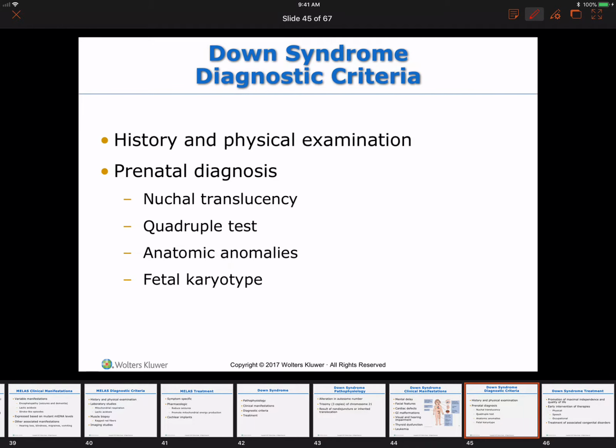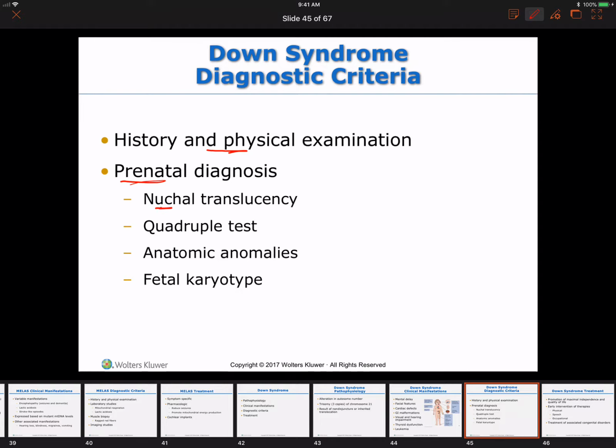Usually, the diagnosis is made based on physical exam and prenatal diagnosis. Prenatal diagnosis will either examine the chromosomes of the baby or physical parameters.